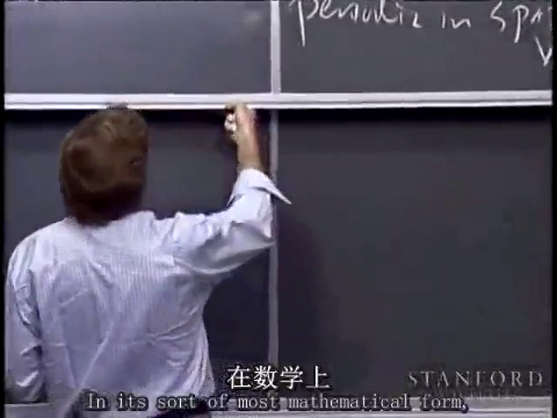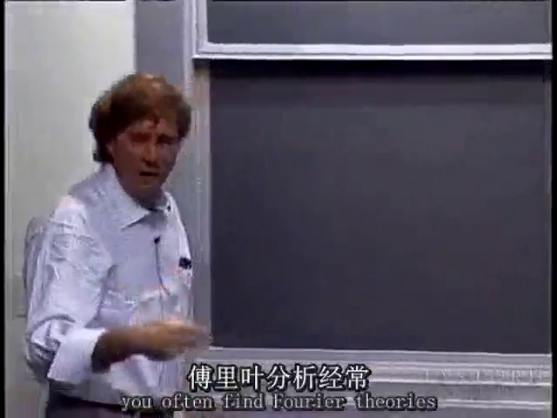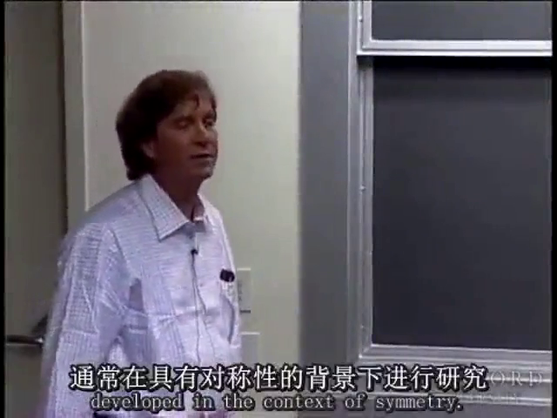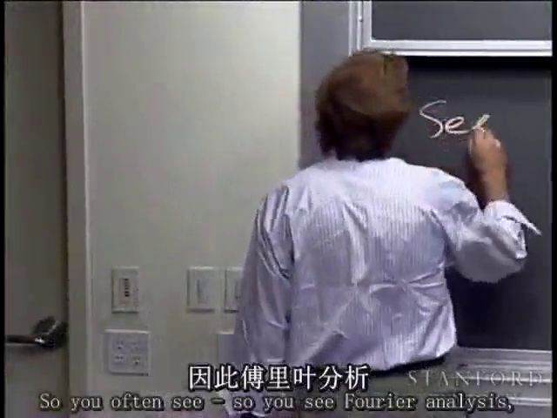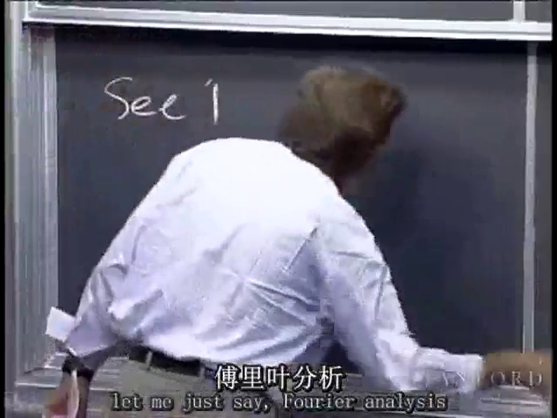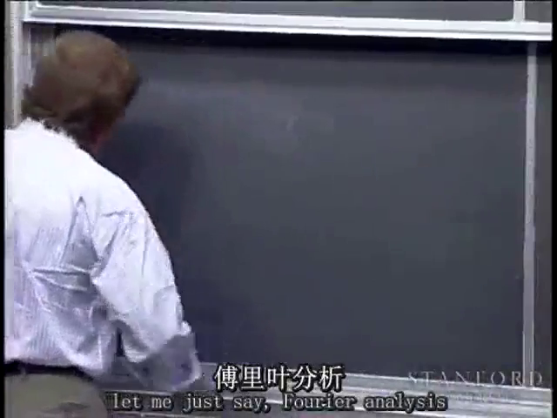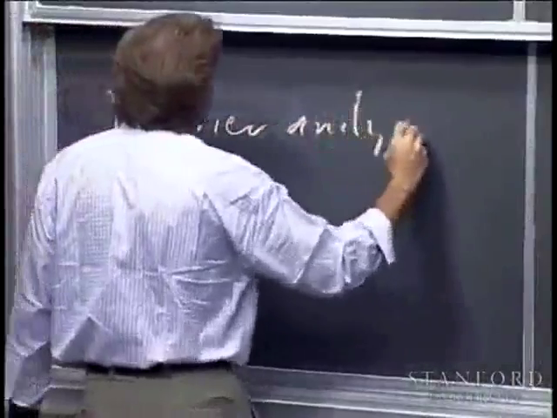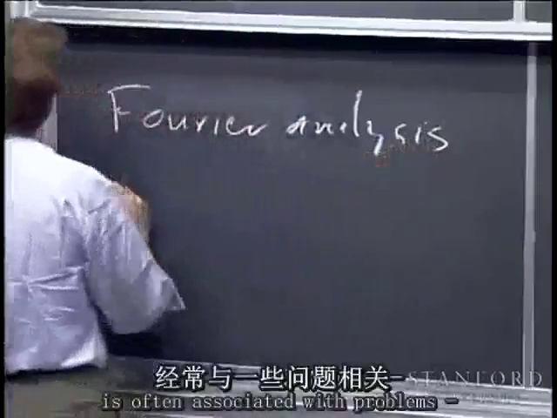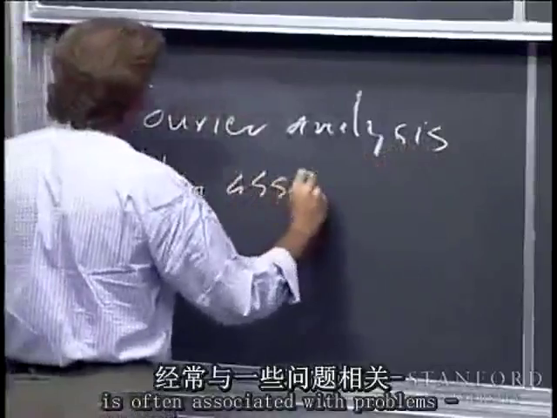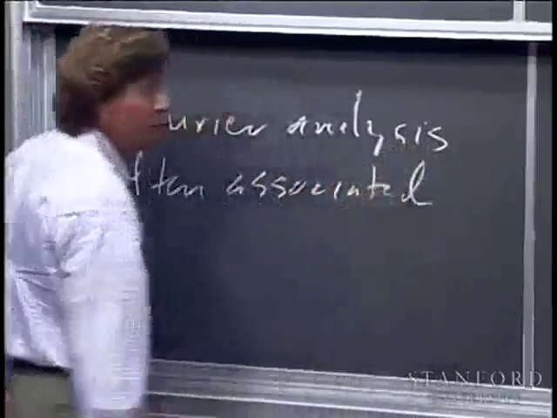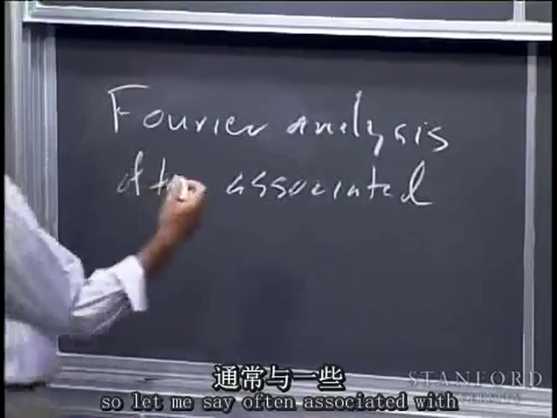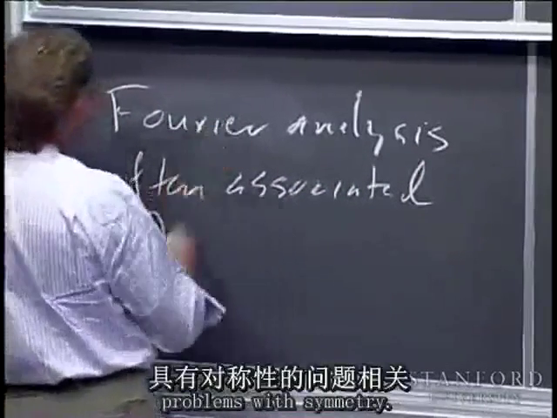In a most mathematical form, you often find Fourier series developed in this context and Fourier transforms developed in the context of symmetry. So you see Fourier analysis is often associated with problems with symmetry.